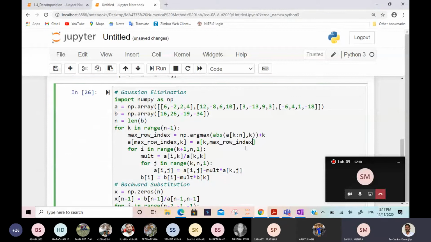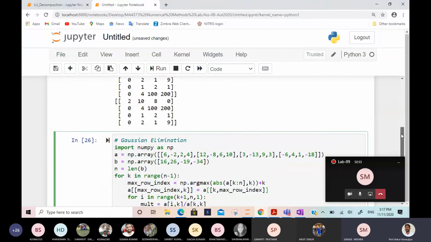Sir, then here you are interchanging. No, what we are doing here is like A31 becomes equal to A13. That means the interchanging is like an assignment, where we are assigning the values of A1. No, we are not assigning.